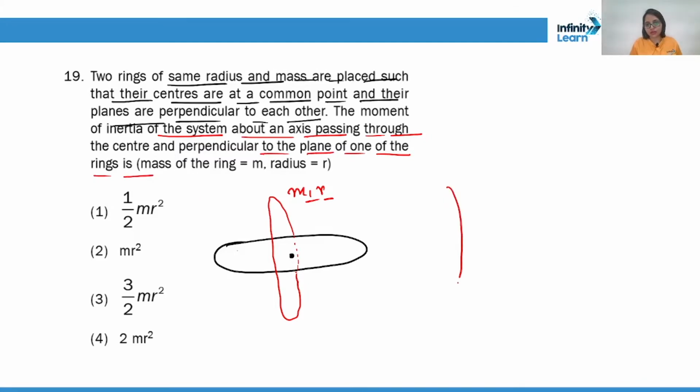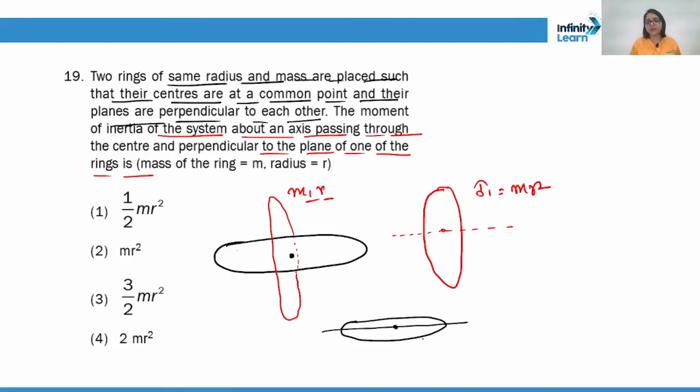So for this red ring, this is the axis. This is the standard axis passing through the center of mass and perpendicular to the plane of the ring, right? So the moment of inertia of this ring about this axis is mr square. But for the black ring, the axis is passing in the plane of the ring and through the center of mass of the ring, right?